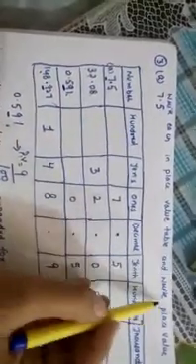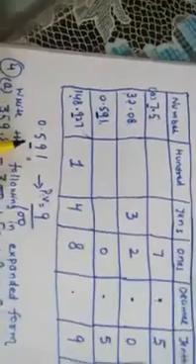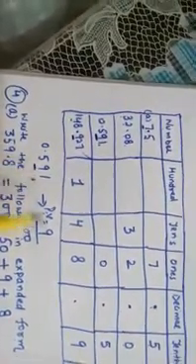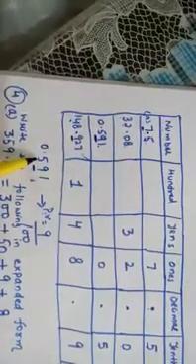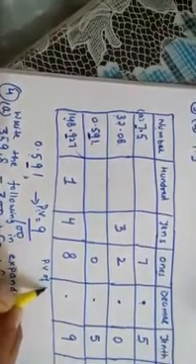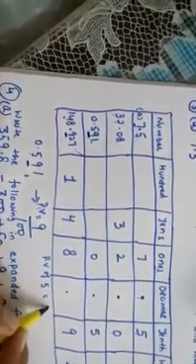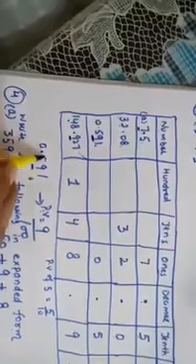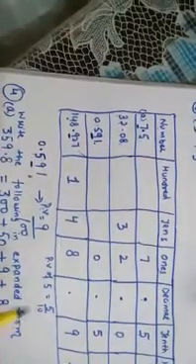If they say write the place value, see here, 0.591. We have to write the place value of 9. If they say write the place value of 5, the place value of 5 is at the first place after the decimal, so it is 5 by 10.